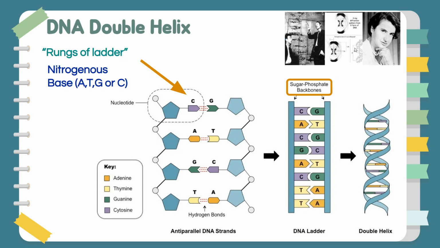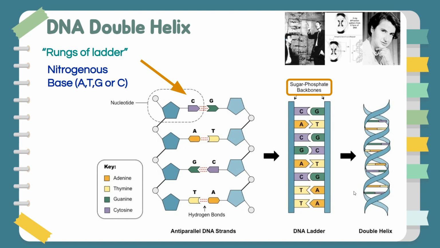Watson and Crick referred to this structure as a double helix. The term double helix reflects 2 key features of DNA structure. Double, because there are 2 strands of DNA running parallel to each other, and helix, because the structure is helical, meaning it has a spiral or twisted shape.